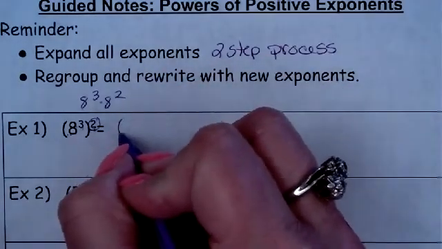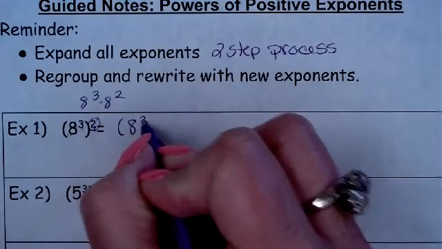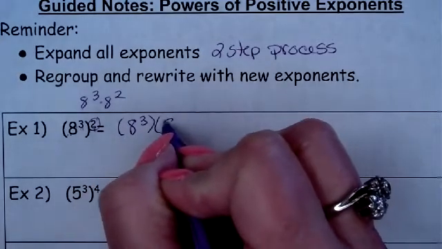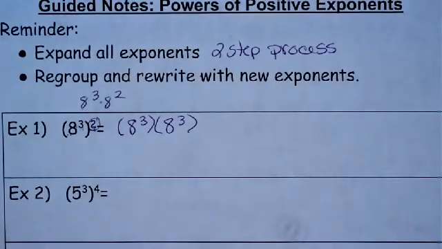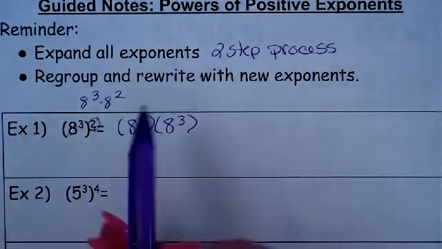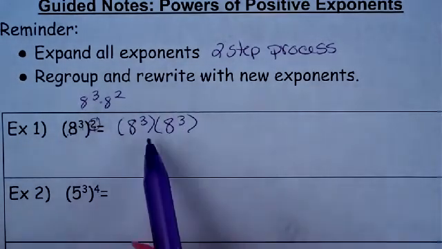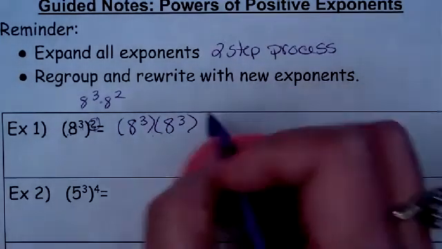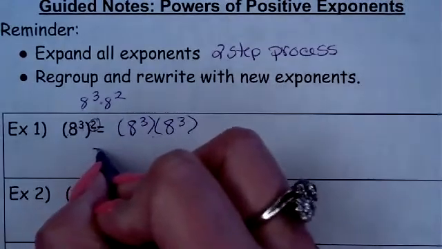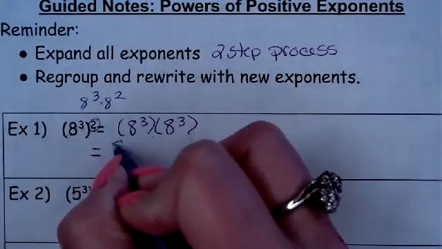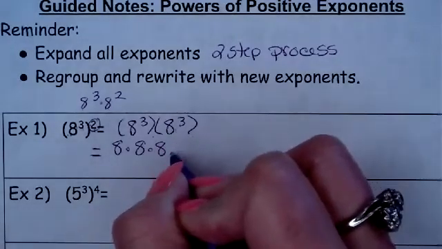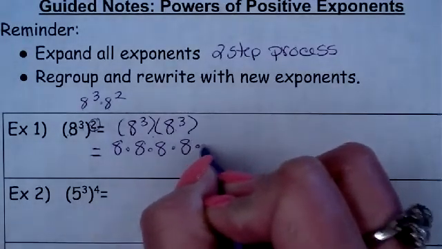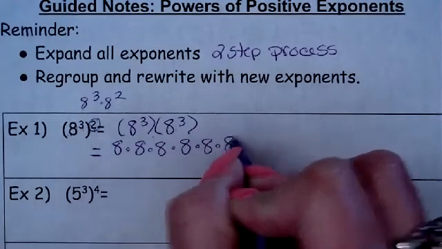So what that's telling me to do is take 8 to the third like a copy and paste, and I'm going to copy and paste it so that I have two of them. Okay, that's this 2 exponent. Now I'm back to where I was yesterday, because we know that 8 to the third is 8 times 8 times 8. 8 to the third is another 8 times 8 times 8.